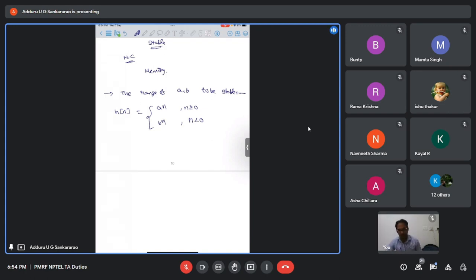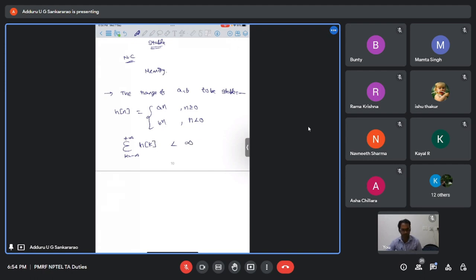What is the condition for stability in the discrete case? For stability, the sum over k from minus infinity to plus infinity of h of k should be a finite quantity, right?